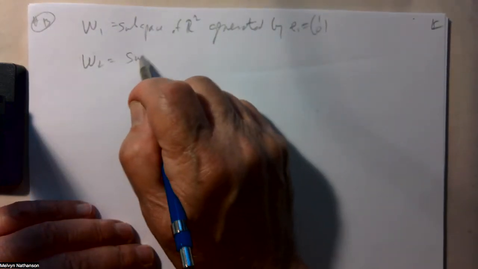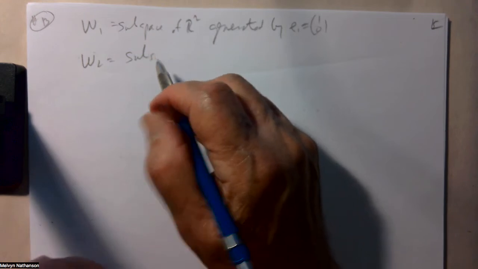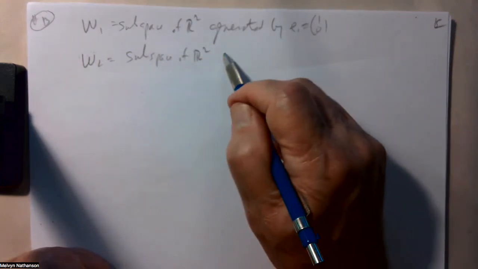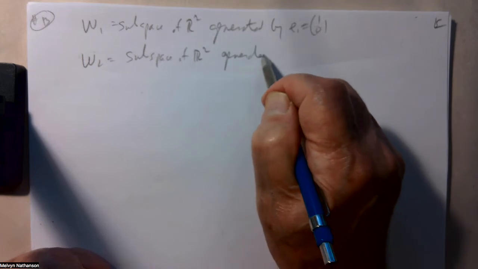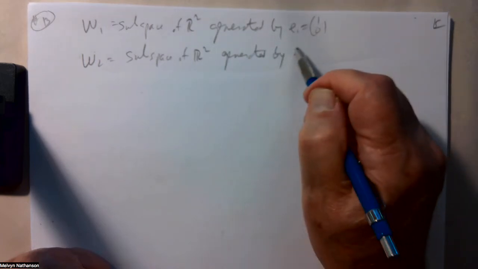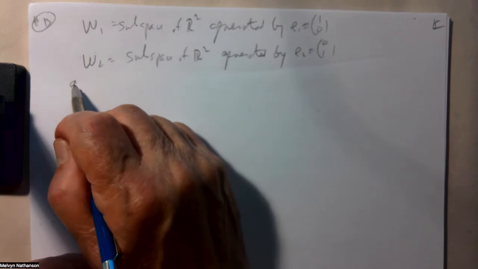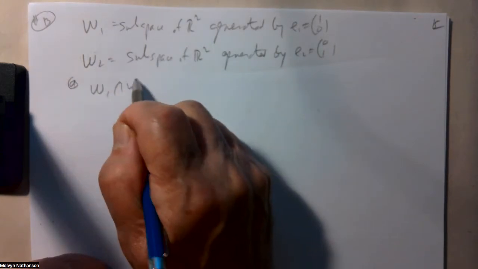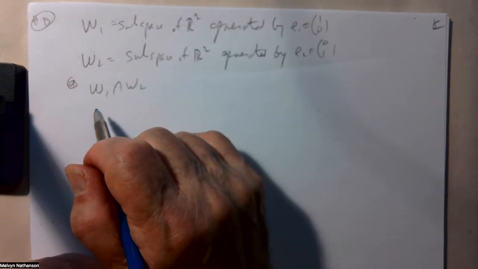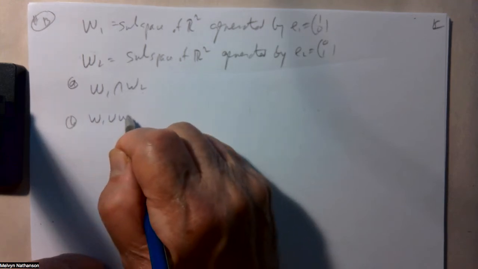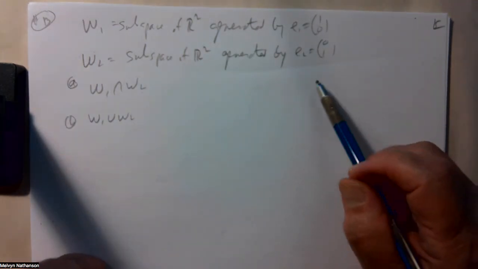And W2 is the subspace of R2 generated by the vector E2 equals (0, 1). We want to compute W1 intersect W2 and also show that W1 union W2 is not a subspace.